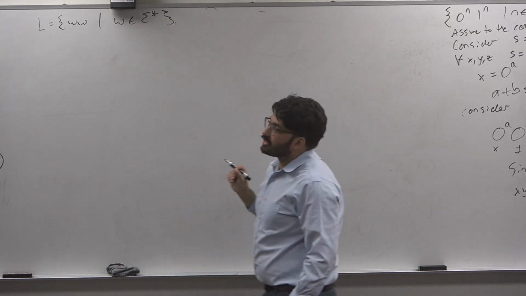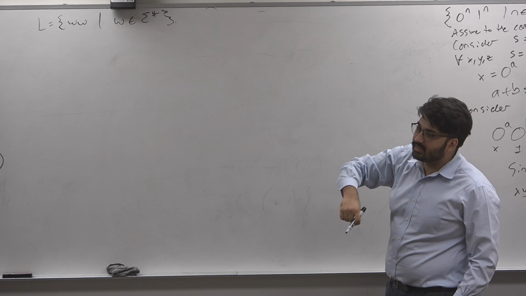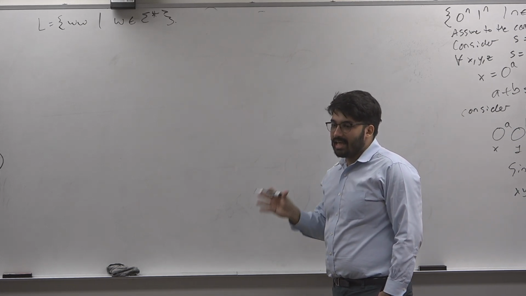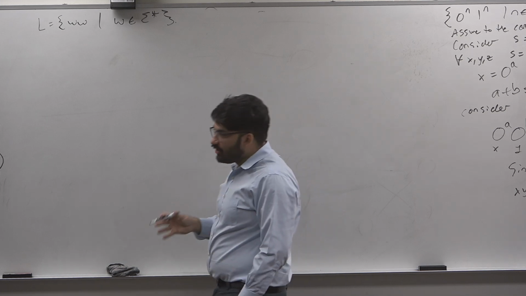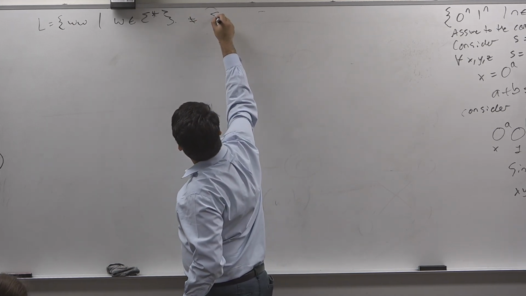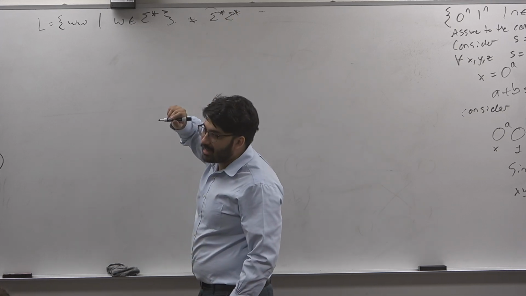Now this isn't like anything in sigma star concatenated with anything in sigma star. This is specifically things concatenated with itself, which is different than sigma star. This is not sigma star, because that's all possible pairs. This is only the pairs of things concatenated with itself.